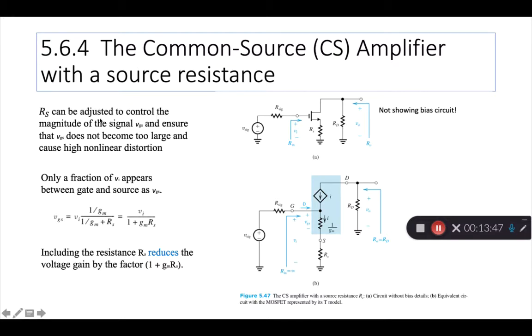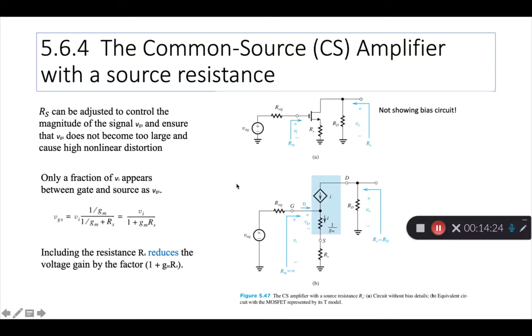So here are a few more points about the common source amplifier with a source resistance. RS can be adjusted to control the magnitude of the signal VGS and ensure that VGS does not become too large and cause high nonlinear distortion. So regardless of how large V signal is, you can drop a lot of it and make this VGS, which is also the input to the amplifier, be reduced by tuning the value of RS.